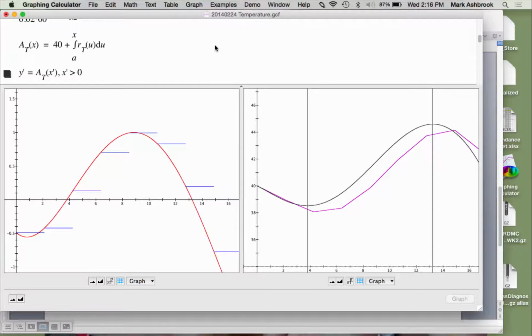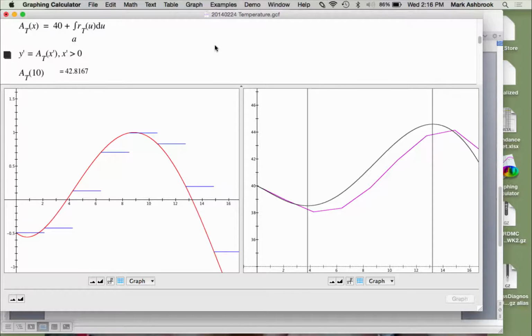It's A of 10. A sub t is our exact accumulation function. If we evaluate it at 10, we're going to get the temperature at 3:10. And the calculator is telling me it's 42.8 degrees after 10 minutes.